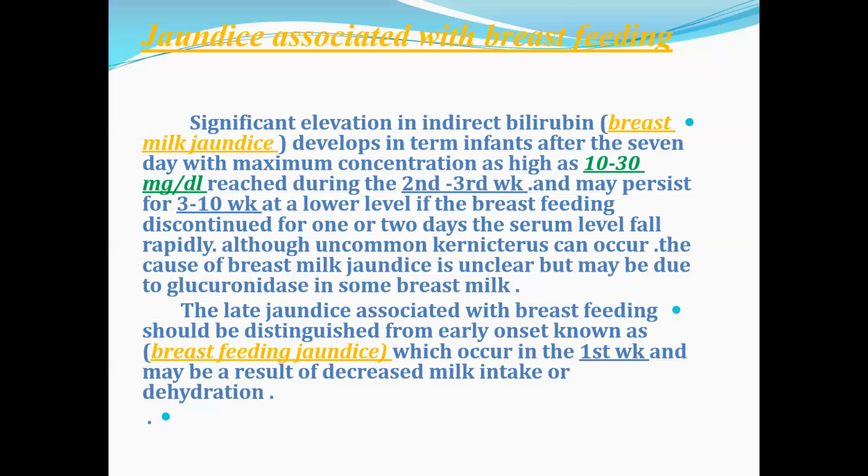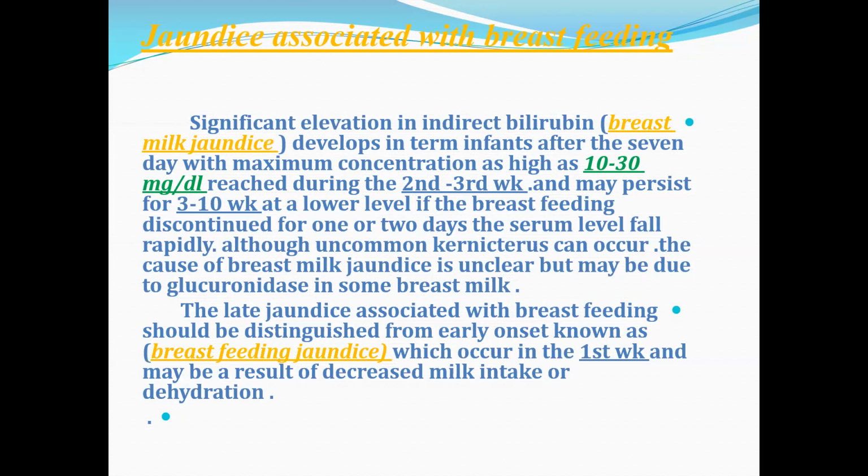The cause behind breast milk jaundice is unclear, but may be due to glucuronidase enzyme, the intestinal glucuronidase enzyme that converts direct to indirect and increases the effect of enterohepatic circulation that, as we say, adds more burden on the liver.